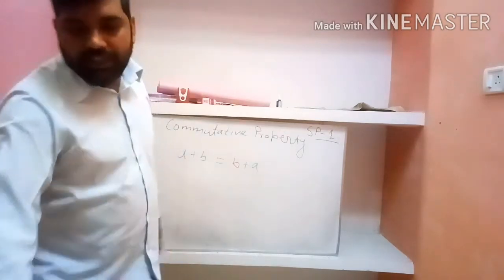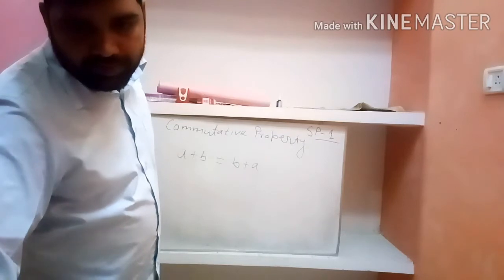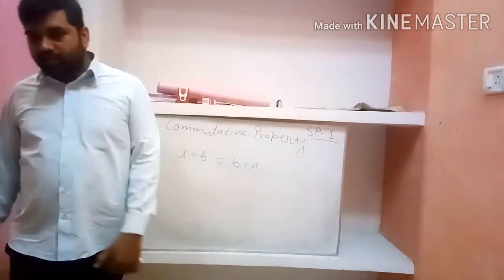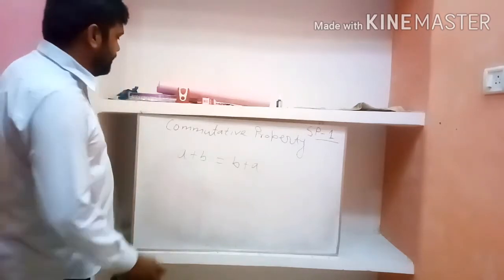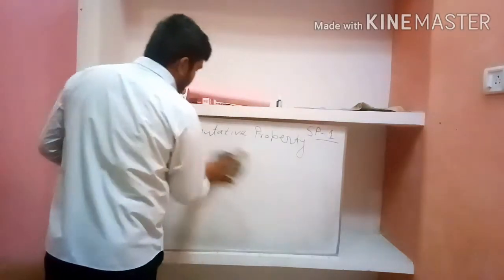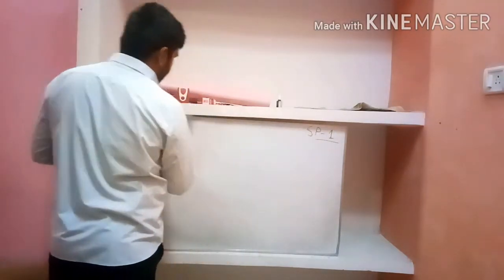Next, the associative property. The result of the addition is not affected if the order in which the operations are performed is changed, if there are more than two numbers.